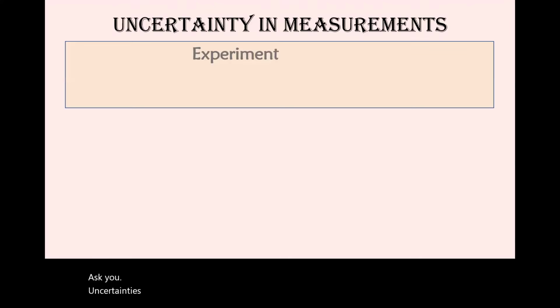So let's say we are doing an experiment and we did 3 trials of that experiment. The reason why we did 3 trials is because we want to compare how much of a human error we might have made, right? Or just to see how much of the difference do we have between our 3 trials.